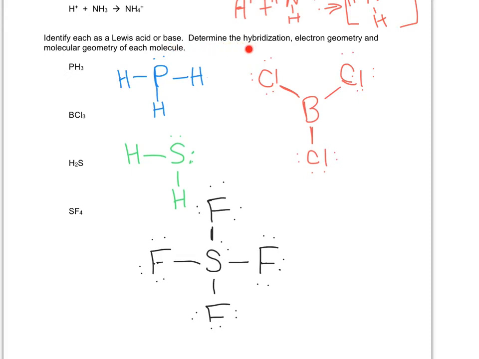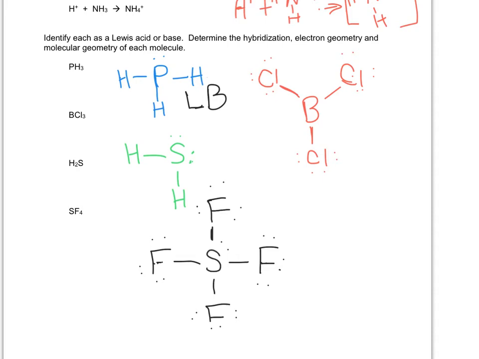Just to review for fun, we also want to determine its hybridization, electron geometry, and molecular geometry for each of these. To determine if it's a Lewis acid or base, we want to see if we have an electron pair to donate or if there's a vacancy for it to accept an electron pair. Right here we can tell that it does have an electron pair to donate, and so this is going to be a Lewis base.